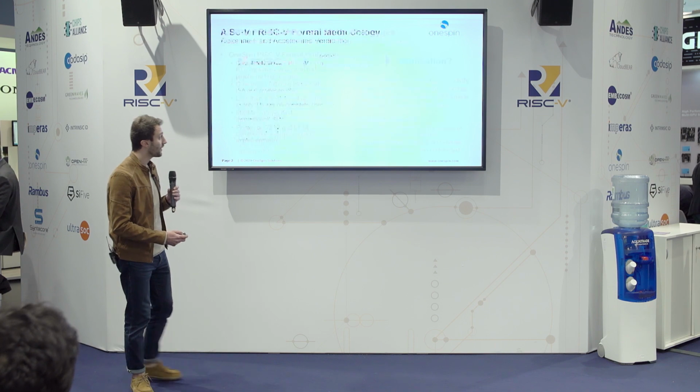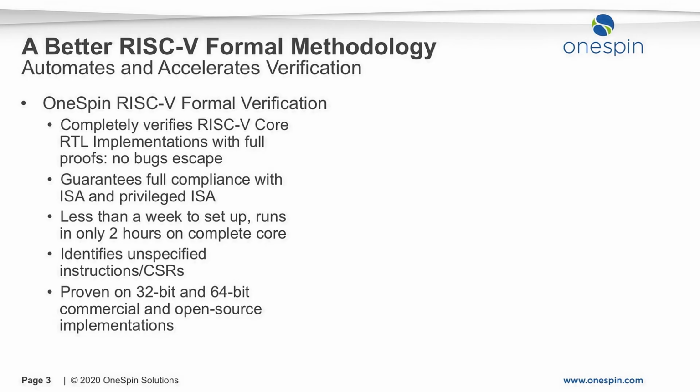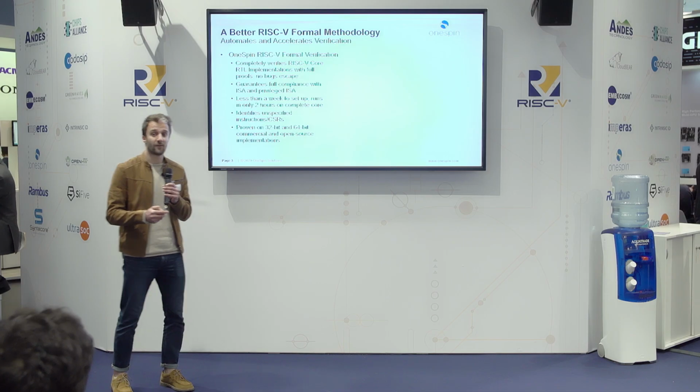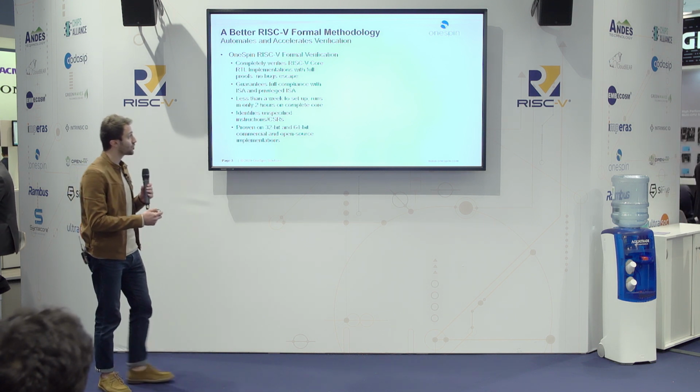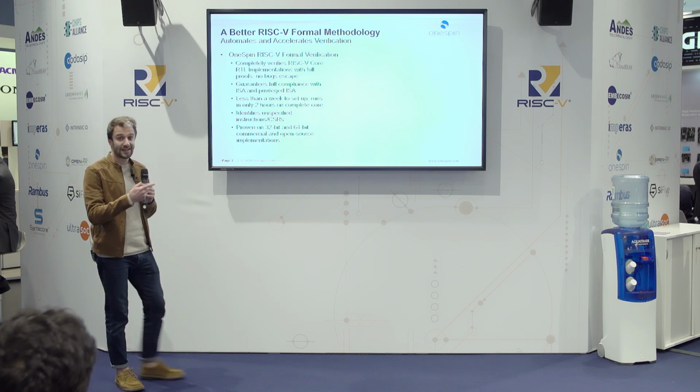So, as I said, OneSpin has developed an app that formally verifies RISC-V based cores and provides full proof of these cores having no bugs at all, as well as ensuring that the implementation is compliant with the standard itself, with the ISA or privileged ISA.